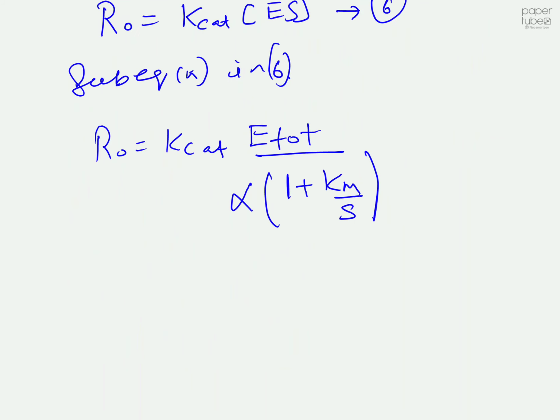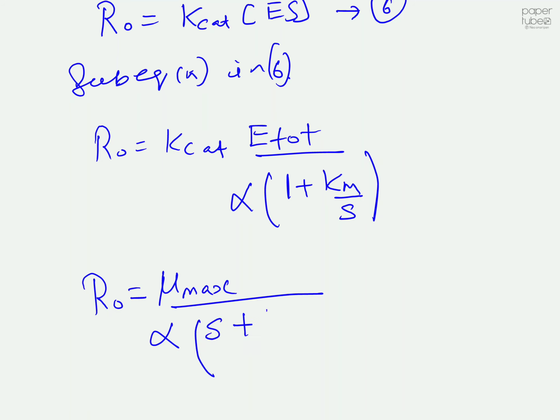So this almost looks like our Michaelis-Menten kinetics, but still we have to do something. R0 is equal to k cat multiplied by E total, that's equal to mu max, divided by alpha. Then just expand that expression, S plus Km divided by S, so your S will go to the numerator.